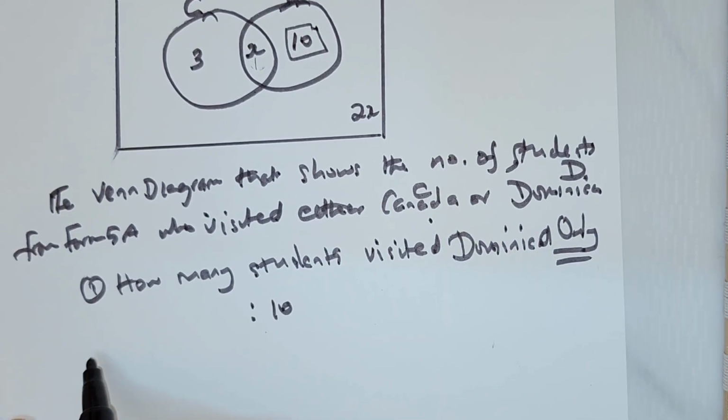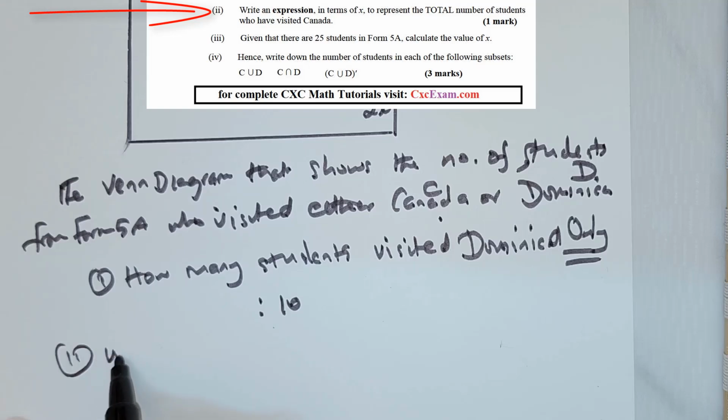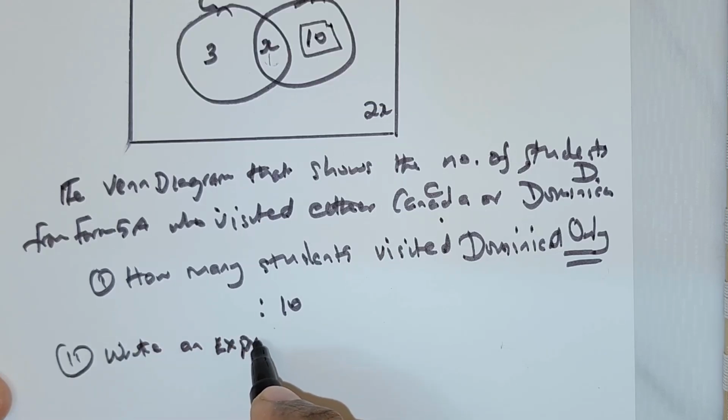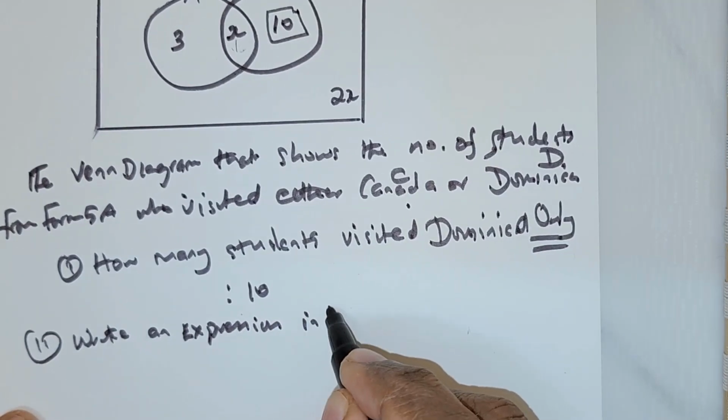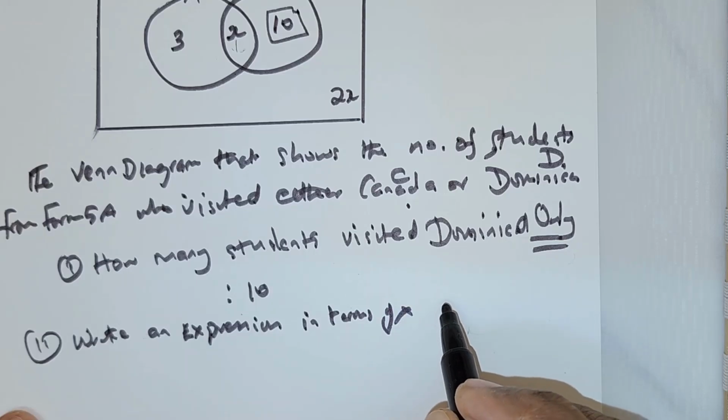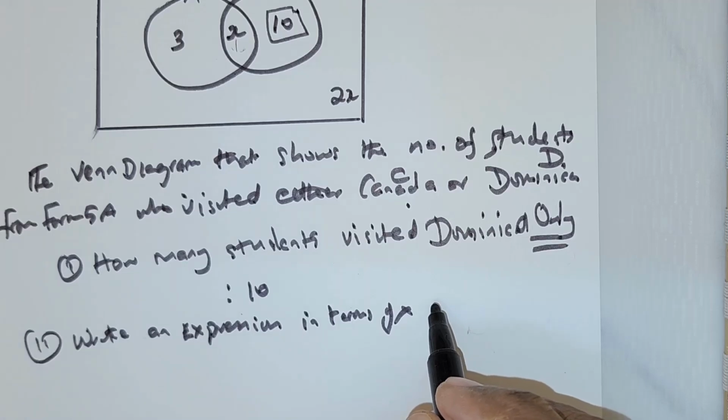Now the next question is asking us to write an expression in terms of x to represent the total number of students who had visited Canada.